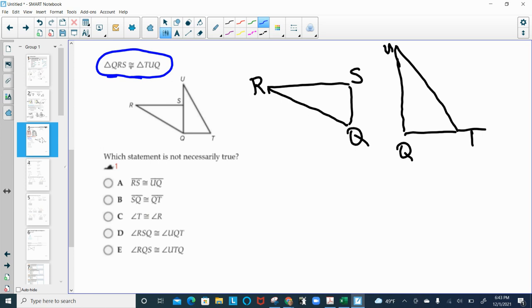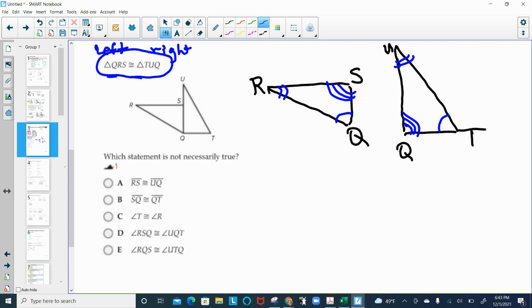So angle Q is the same as angle T. And that feels weird because there's a Q in both triangles. But remember, this is going to be my left triangle, and this is going to be my right triangle. Angle R and angle U, and angle S and angle Q. And that's very uncomfortable.